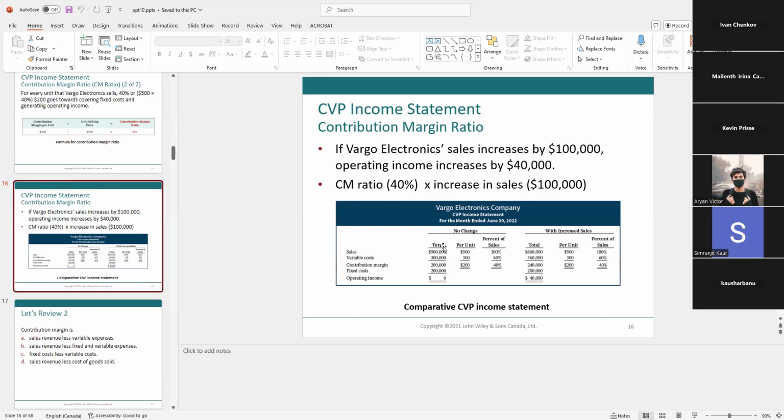What if we increase our sales by $100,000? What's going to happen with our operating income? Well, it's going to increase by 40%. Why? Because we covered the fixed cost, no more fixed cost. So those 40% increase in contribution margin are going to come directly to the operating income.